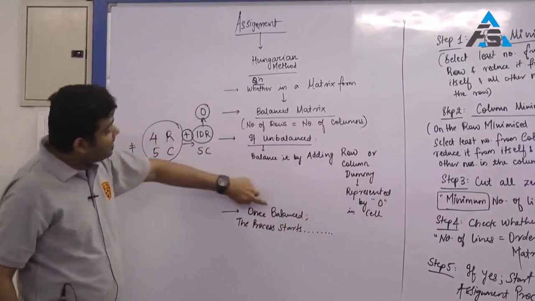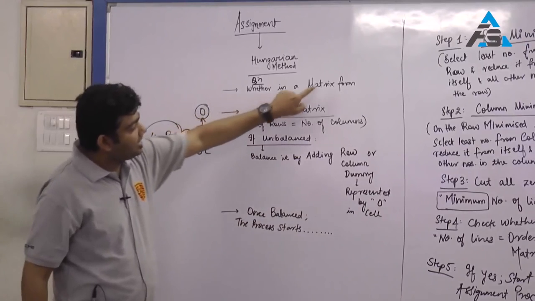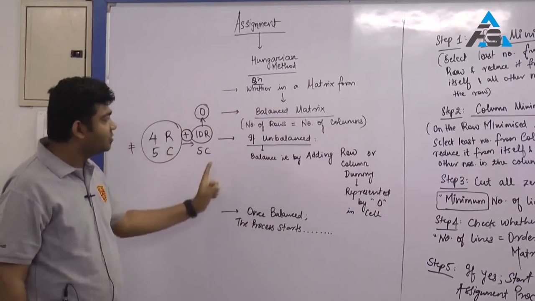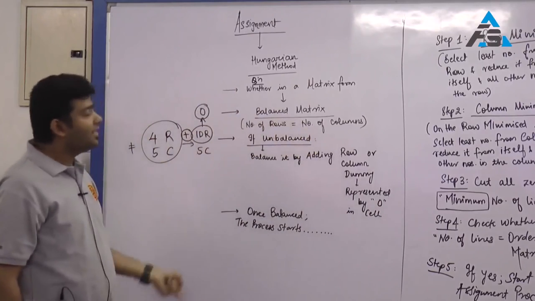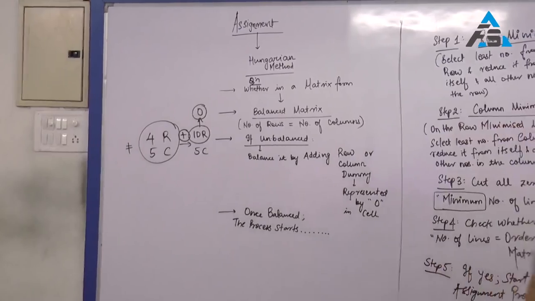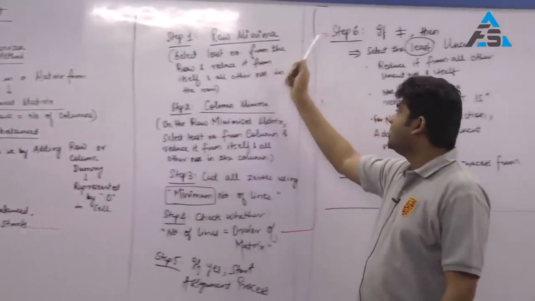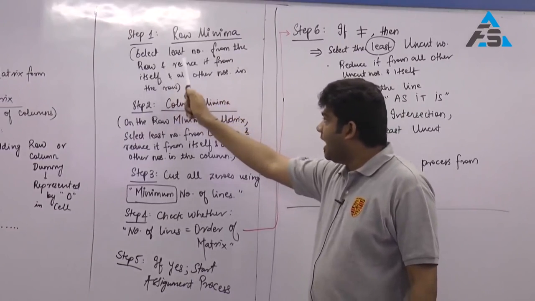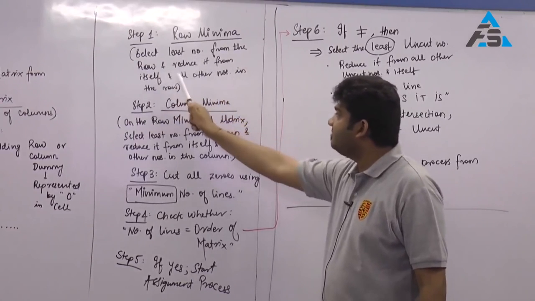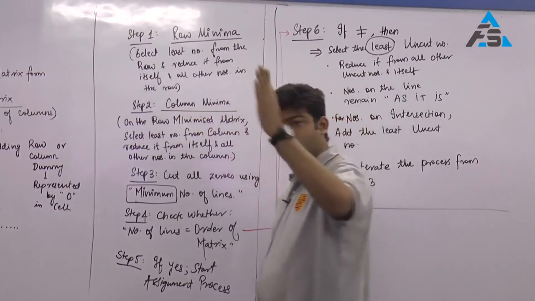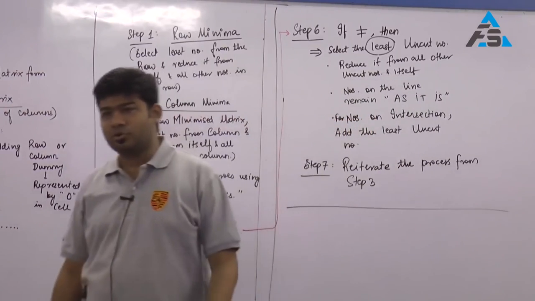Next, once the matrix is balanced, that is number of rows is equal to number of columns, then the process starts. Step 1 is row minima. What is row minima? Select the least number from the row and reduce it from itself and all other numbers in the row. Say for example there are 4 rows.